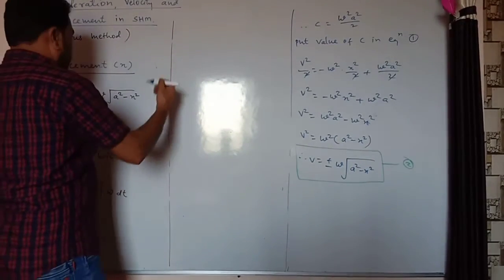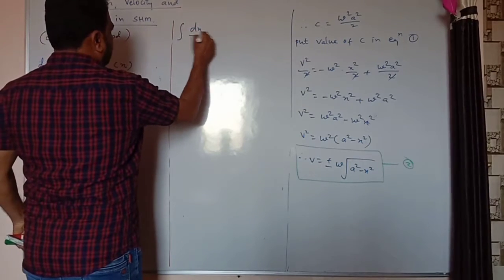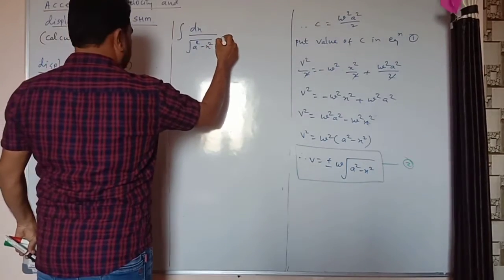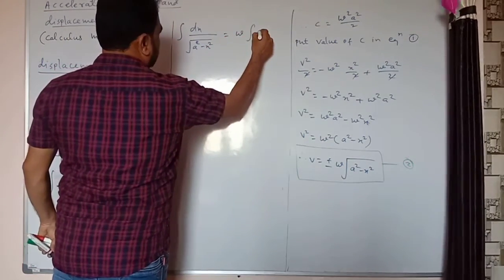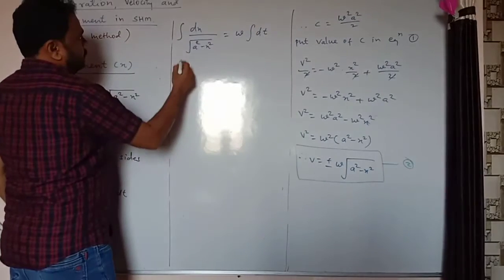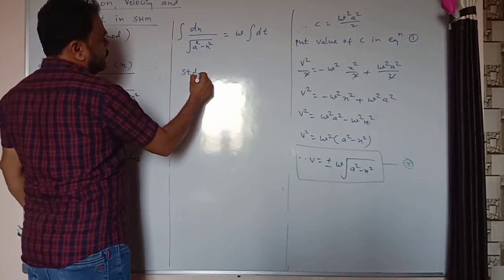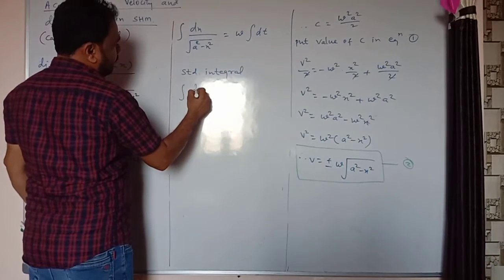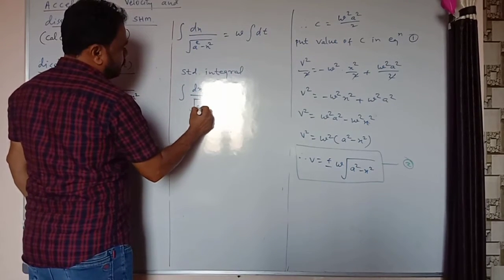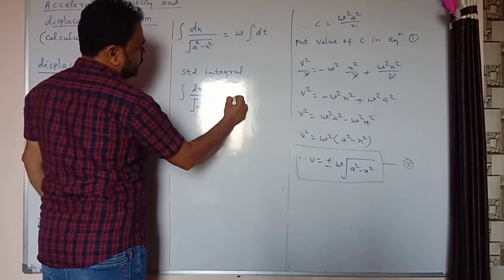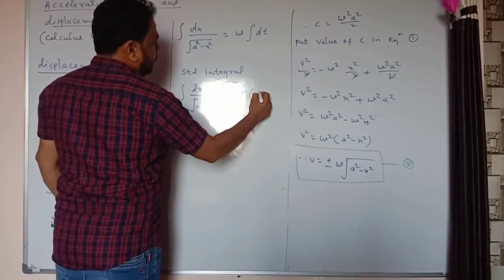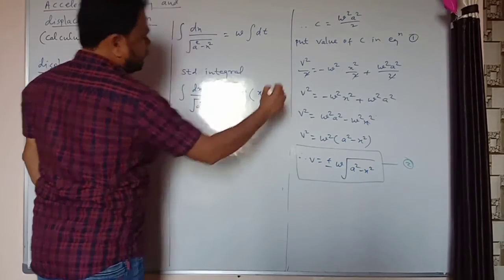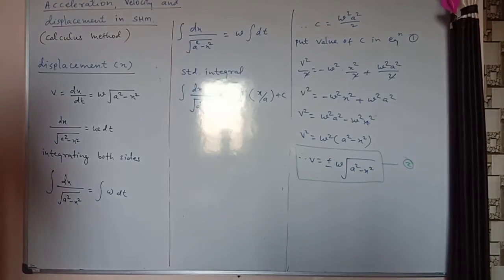See here, integration of dx upon under root a square minus x square is equal to, omega is constant, omega times integration of dt. Now this is a standard integral, and the formula for this standard integral is integration of dx upon under root a square minus x square is equal to sine inverse of x by a plus c, where c stands for the integration constant.